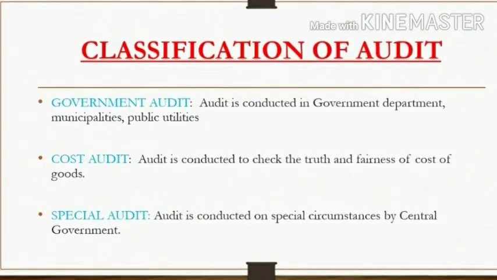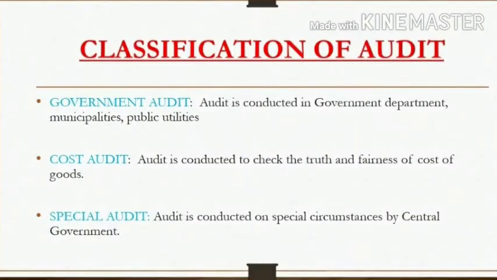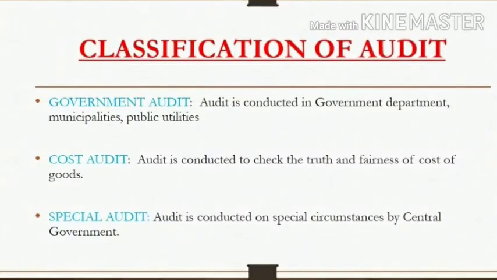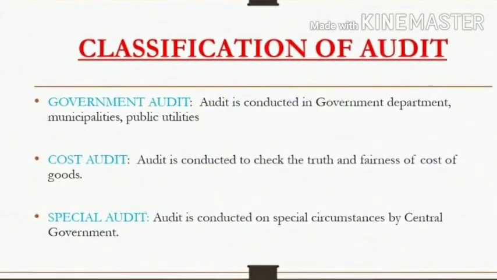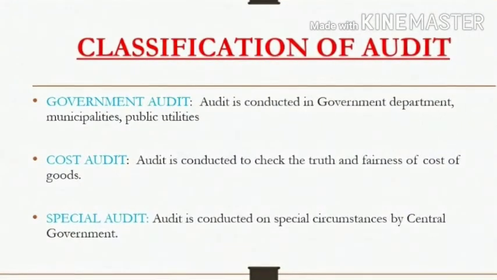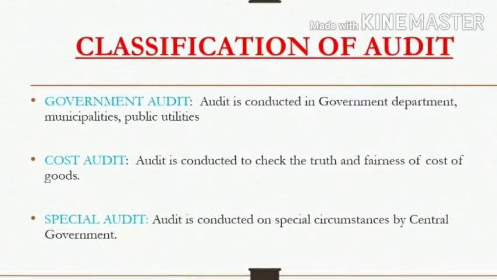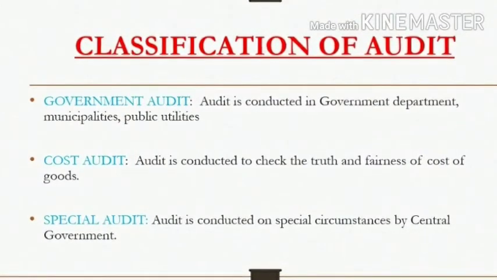A special audit is a type of audit conducted in special circumstances by the central government for some special purposes. The central government will appoint a special auditor. How and when will this special audit be conducted?